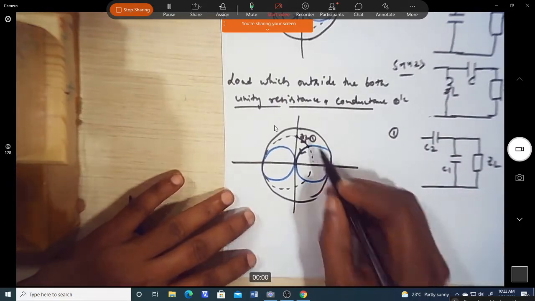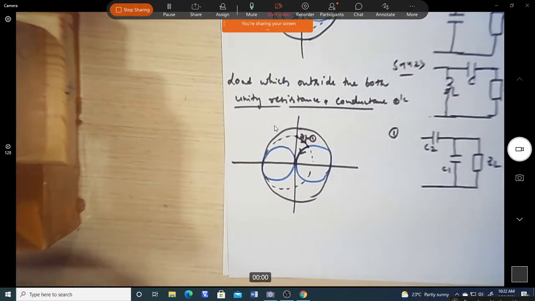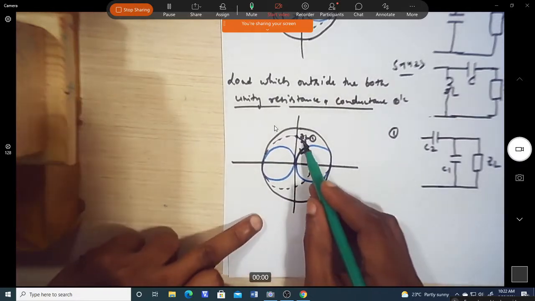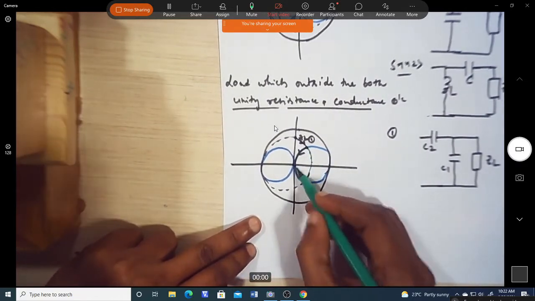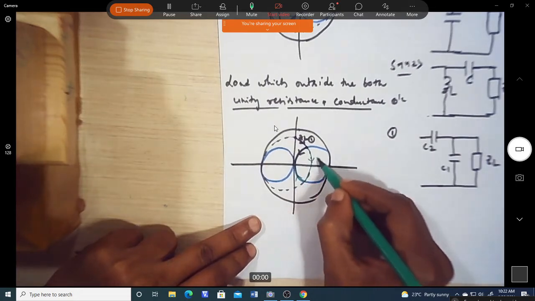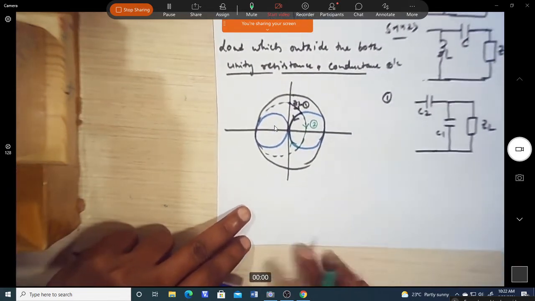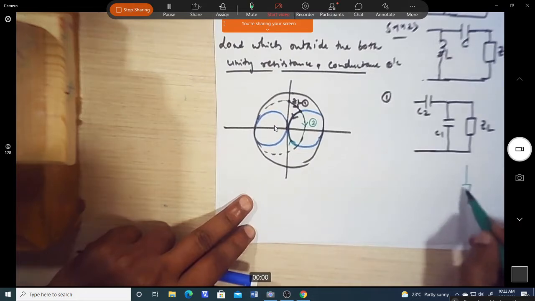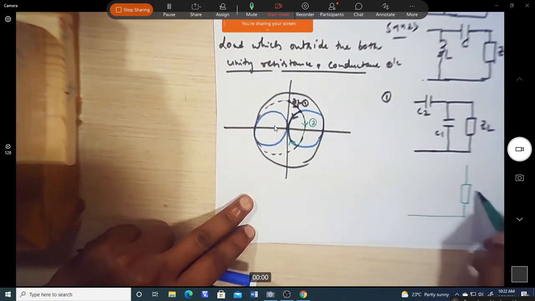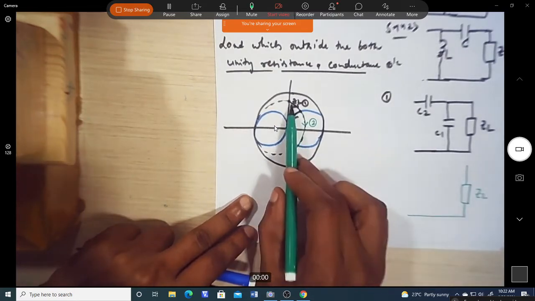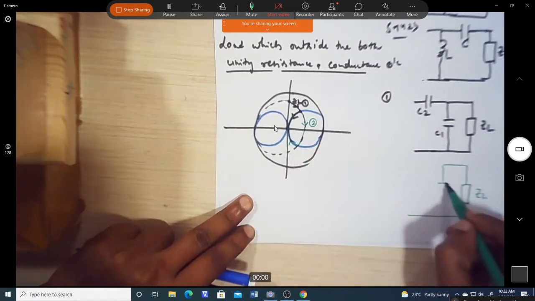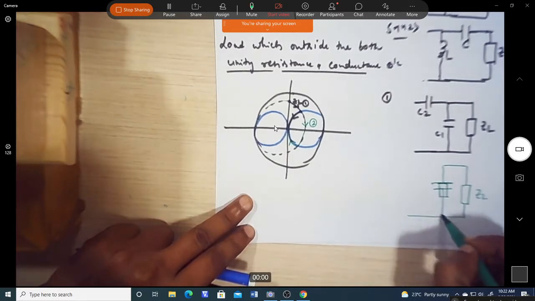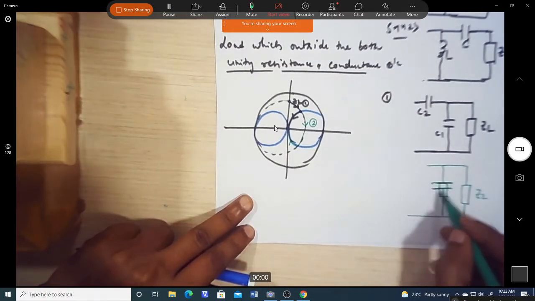Now similarly, on the same conductance circle we can go down and again move up. So this is solution 2. In solution 2, we are moving on the conductance circle downwards, which always represents a capacitor, so this is capacitor C1.